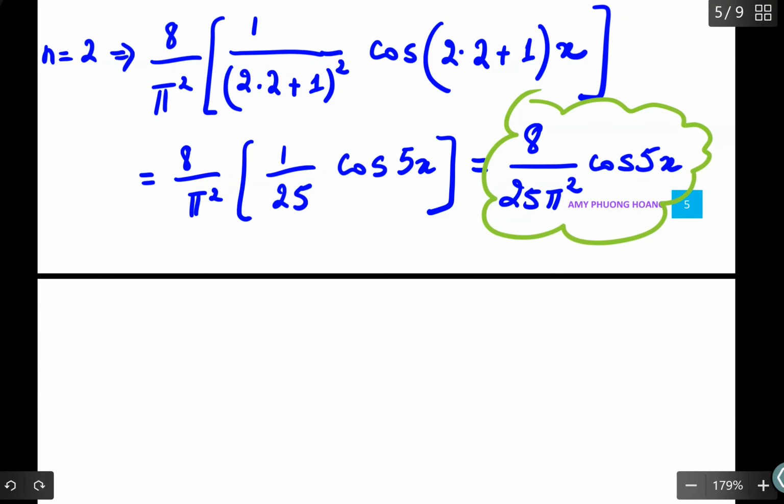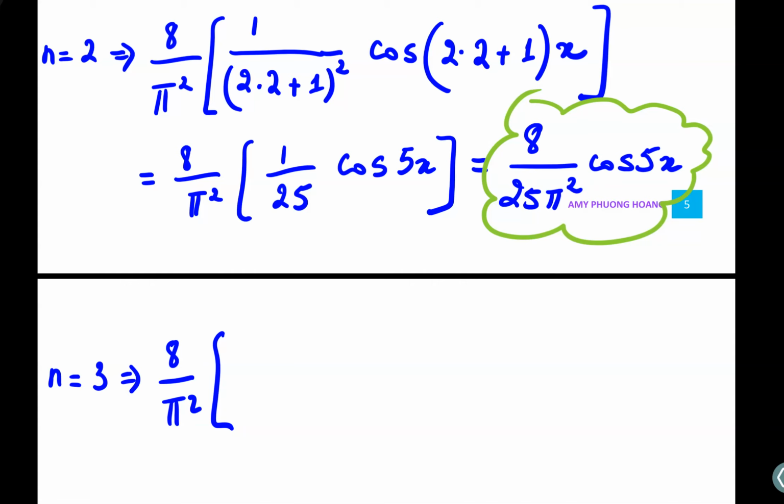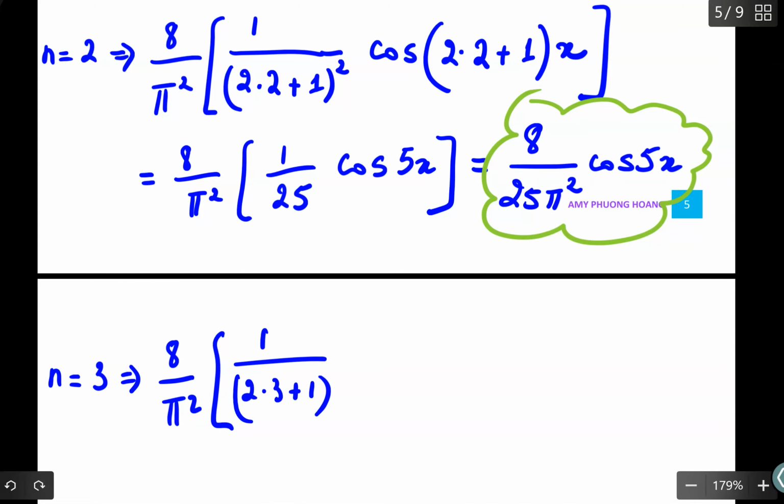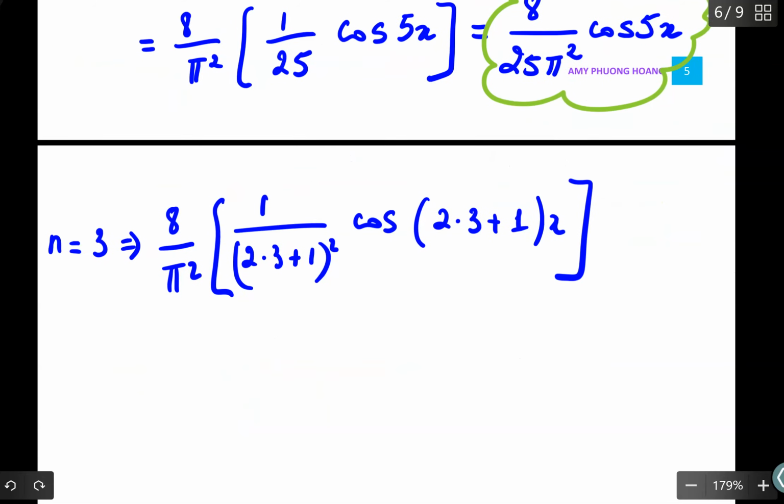Now continue on to calculate n equals 3. So a over pi square, and I should have 1 over (2 times 3 plus 1) all of it square times cos of (2 times 3 plus 1) x, close the bracket.